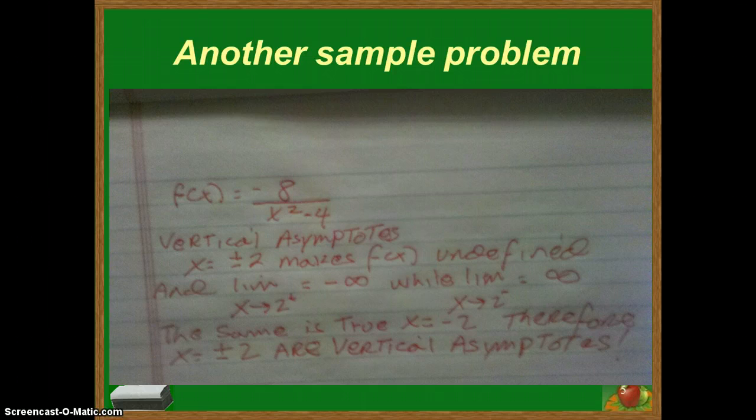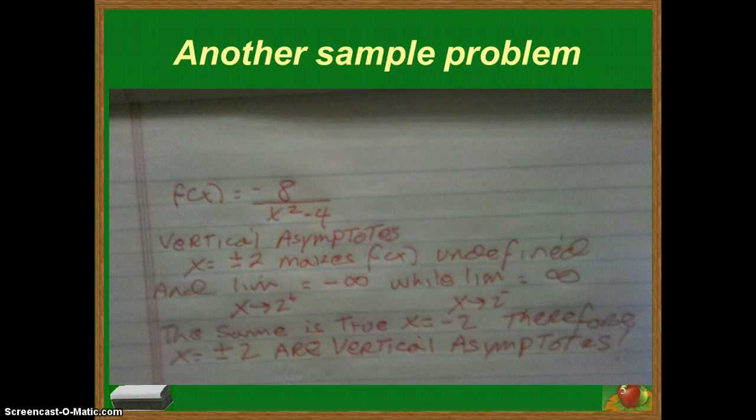So let's take the limit as x approaches positive 2 from the right. Obviously, the limit's going to be either negative infinity or positive infinity. So your job is to figure out which without graphing it.